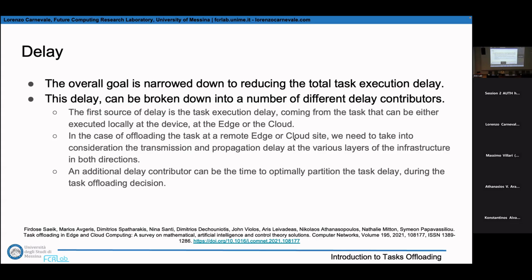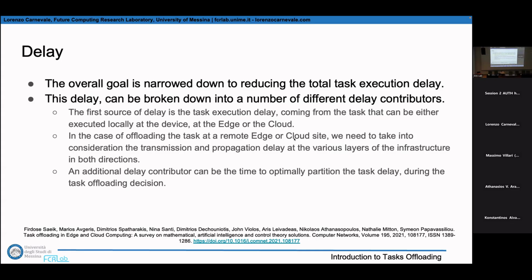Delay can be broken into different contributors, because delay can come from different sources. The first source is the task execution delay, that comes from the fact that the task is executed locally at the device or remotely at the edge or at the cloud.